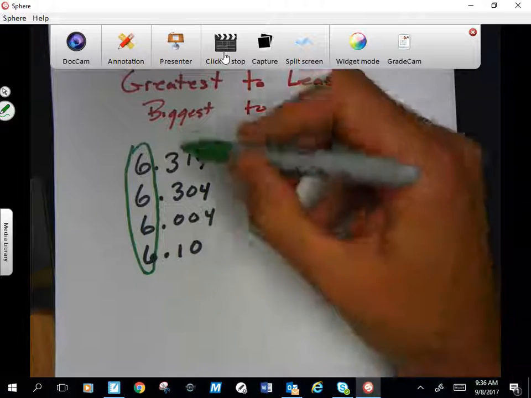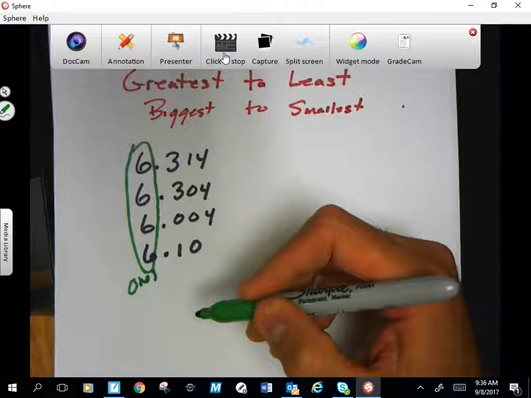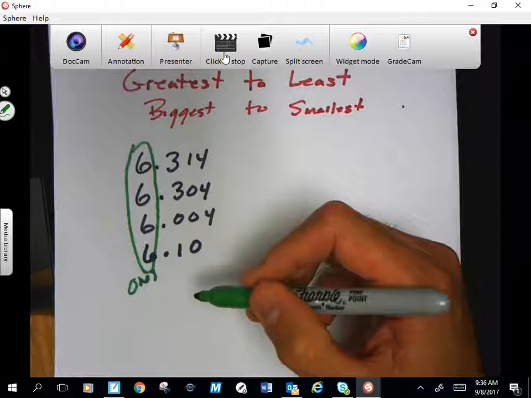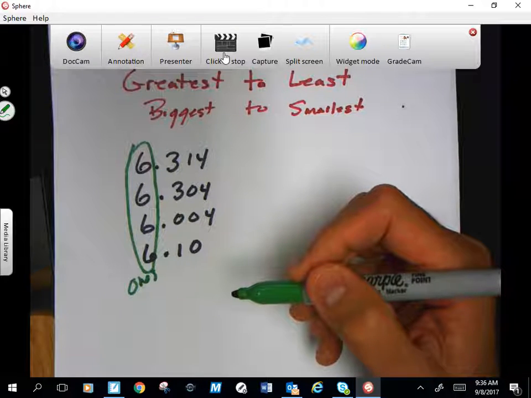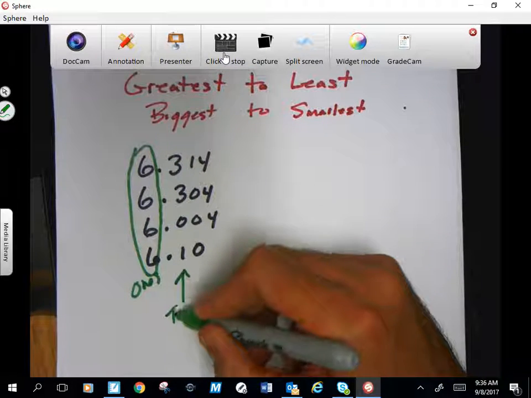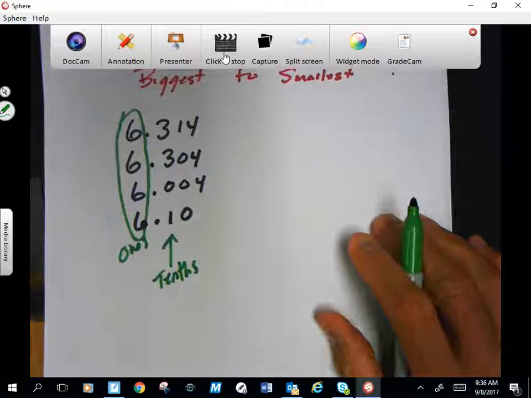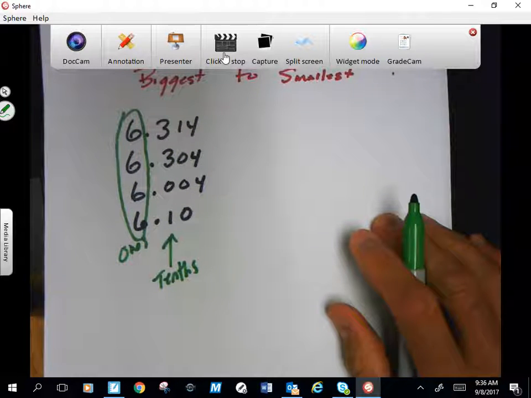So here are our ones. We now have to go to what place value? The tenths. So what do you notice about the tenths?